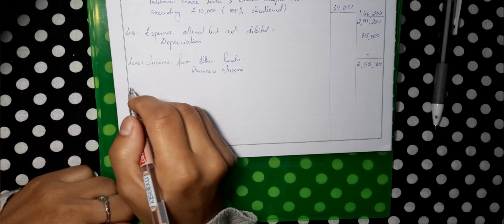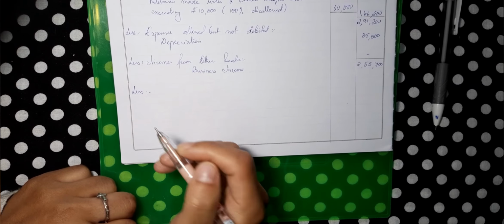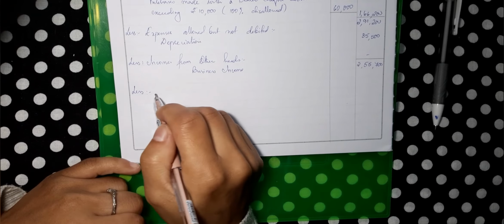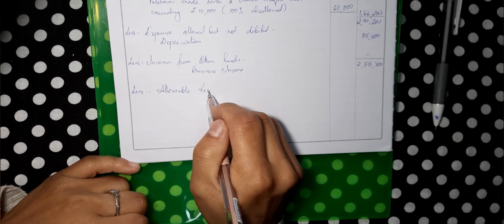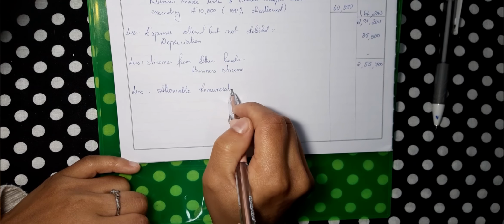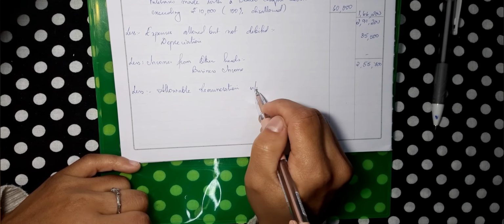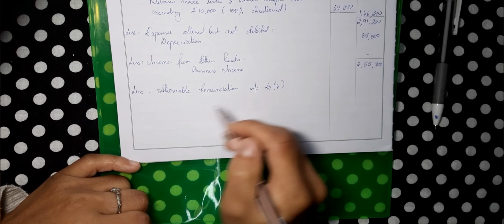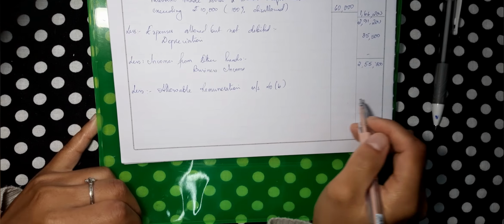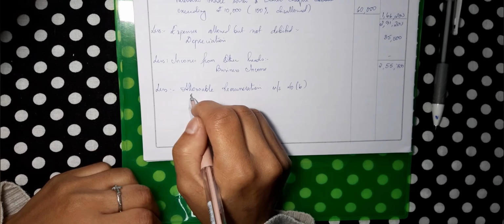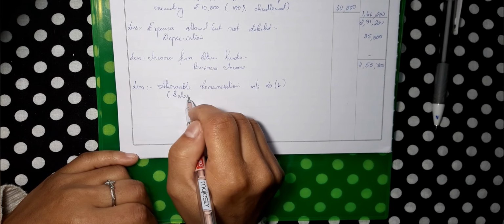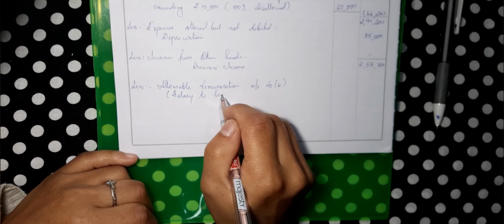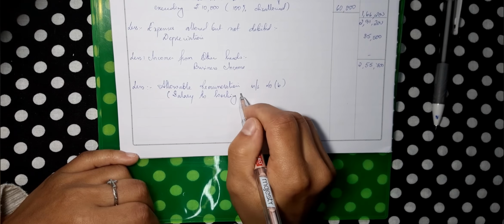Okay, so from this business income, we have to deduct now less allowable remuneration under section 40B. Which is allowable remuneration under section 40B, we can just write it in the bracket, salary to working partner.